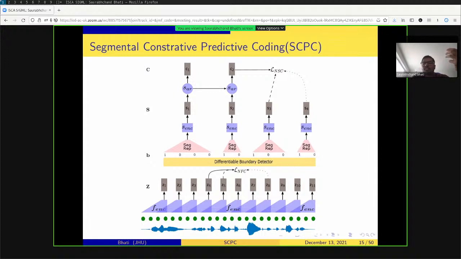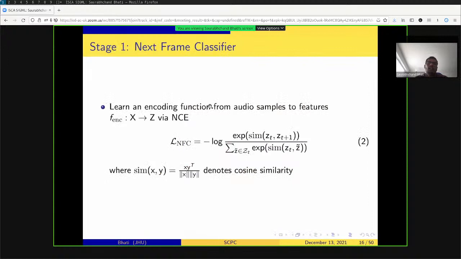Now we can pass the averages through a segment encoder to generate segmental level representations, which are then passed through this context network, which works now at segment level instead of the typical frame level. And then we have a next segment classification loss, which is essentially trying to predict the next segment given the past context. Now I'll go through the details of each stage.